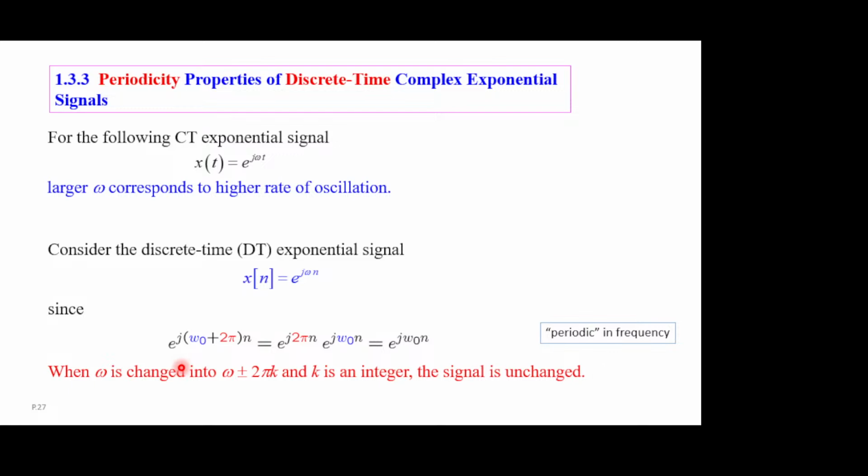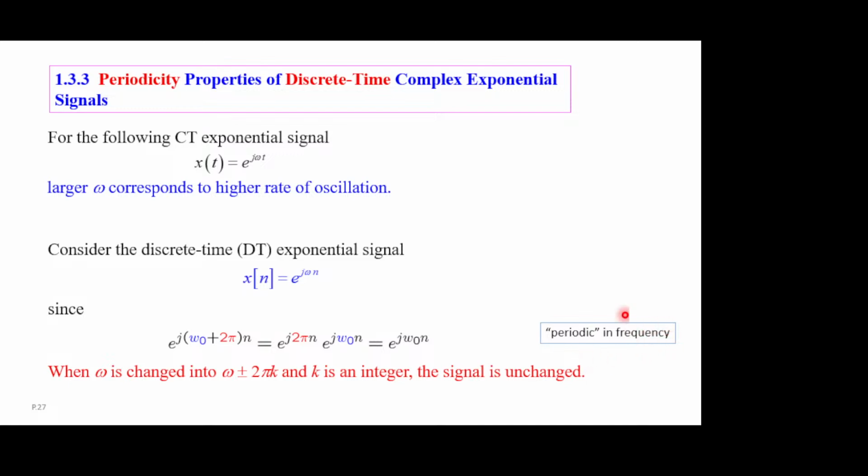Okay? And this effect you can apply many times, or even negative times. So if you add or subtract any 2 pi k, with k being an integer, your signal doesn't change at all. This is a very important concept for discrete signals.